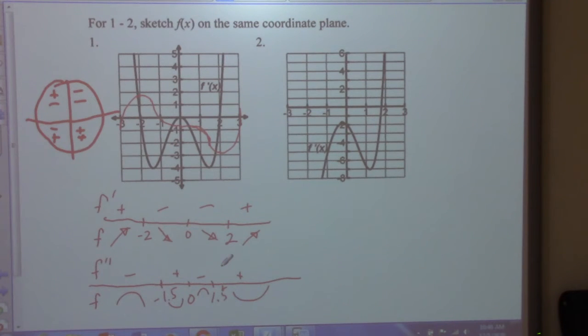And so the original should be a quartic. It'll either start high and end high, or start low and end low. And I'm thinking probably start high and end high. Is that what you get? Mm-hmm.